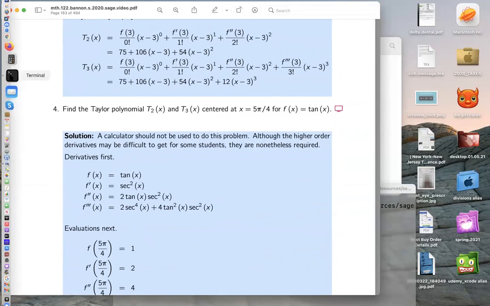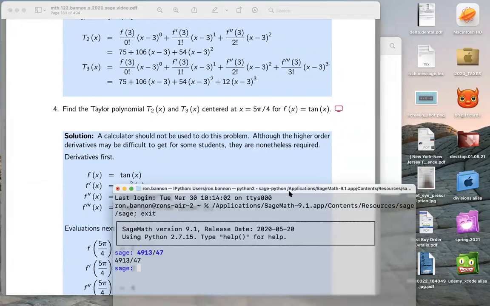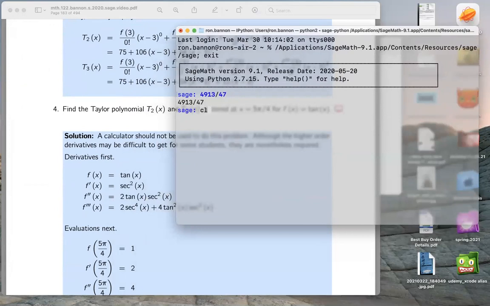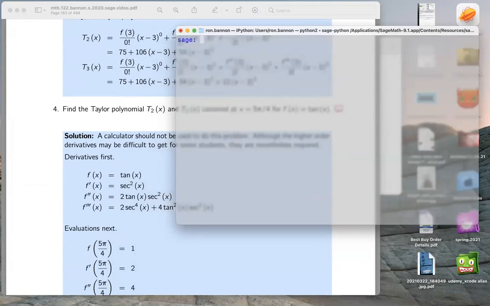So what I want to do is go to Sage. And I'm going to type this in for you. Let me clear. Let me do what I would normally do. Reset. I'll take x to be a var, and that var is going to be x.